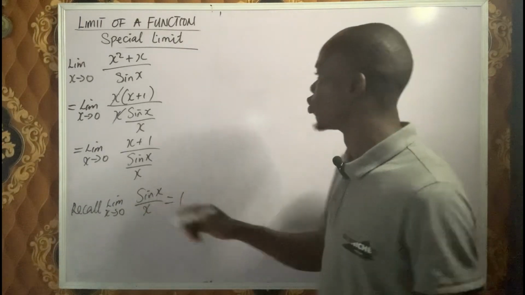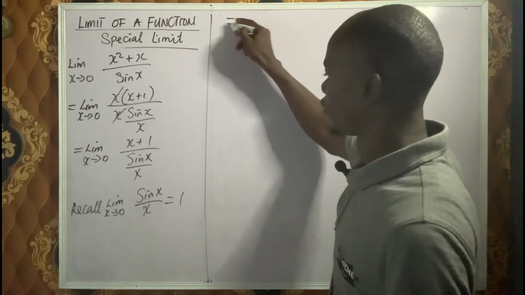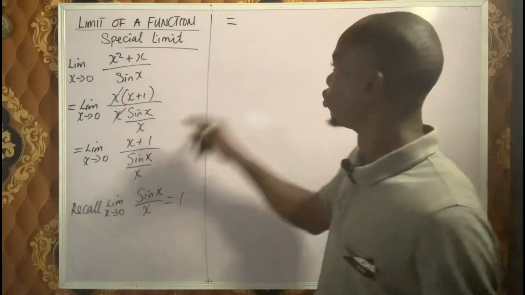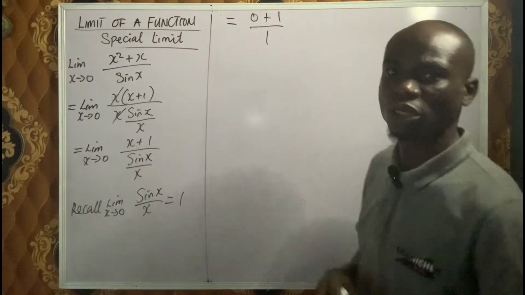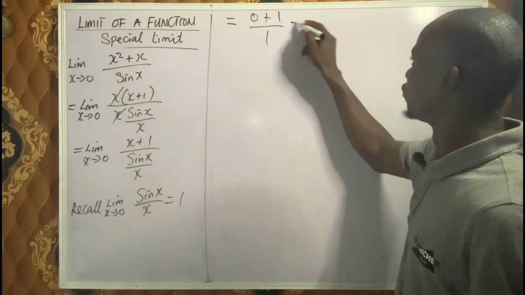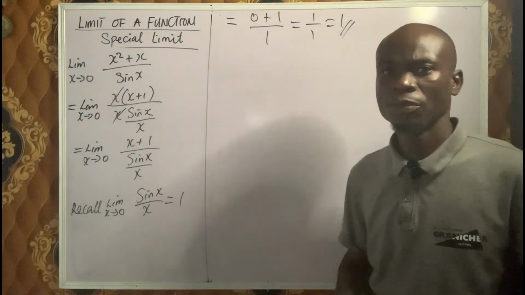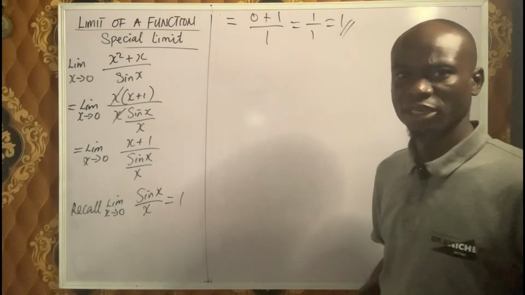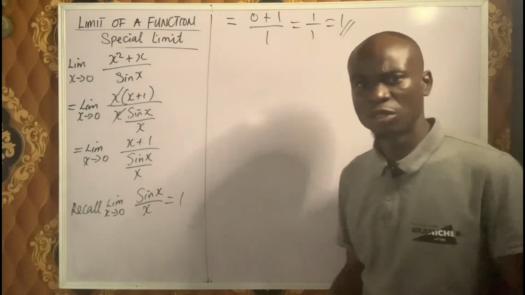So if I go ahead and substitute, I'm going to have at the numerator 0 plus 1, and at the denominator 1 due to the special limit. So what is left is 1 over 1, which is 1. Okay? So you can see it gets easier if you just understand the application of the special limit.